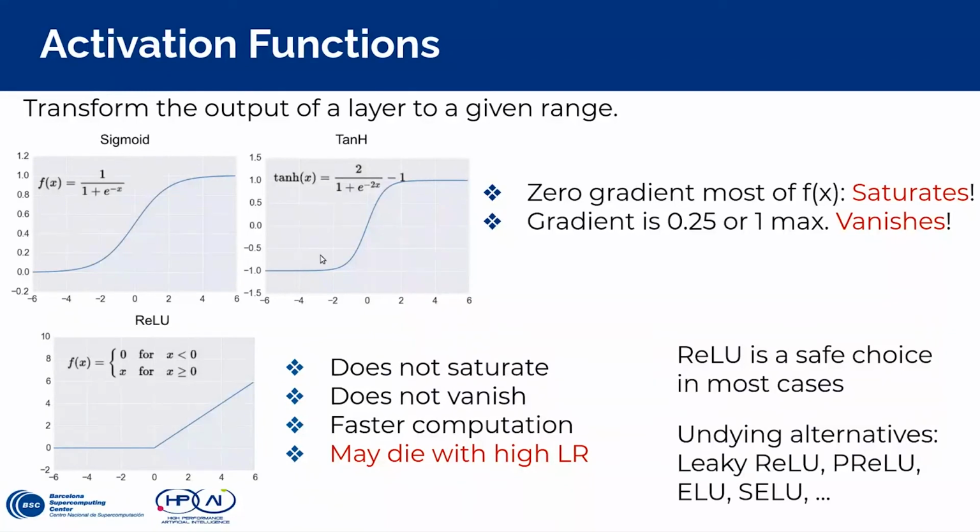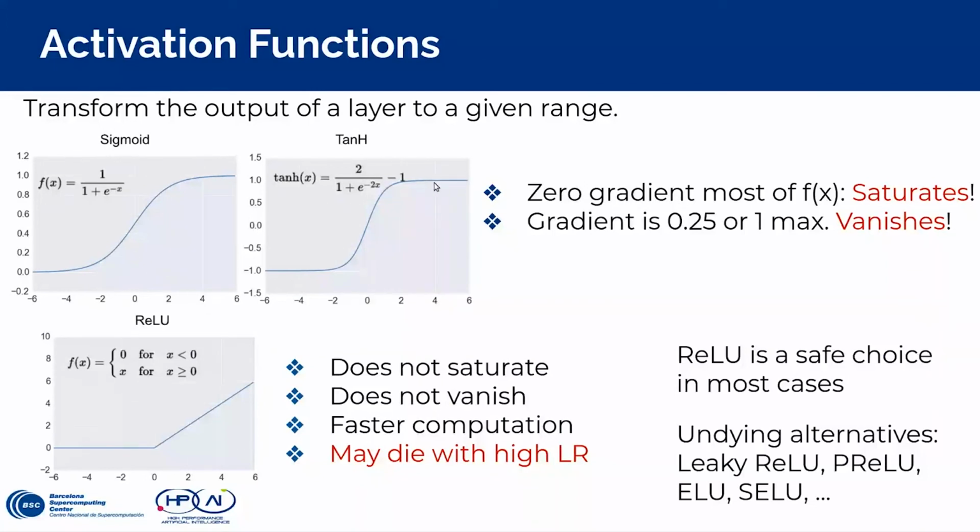These two activation functions were used thoroughly in the last century, but they had several issues that complicated the use of neural networks until 2012, I think, when ReLU came along. For once, there's a zero gradient for most of the functions.